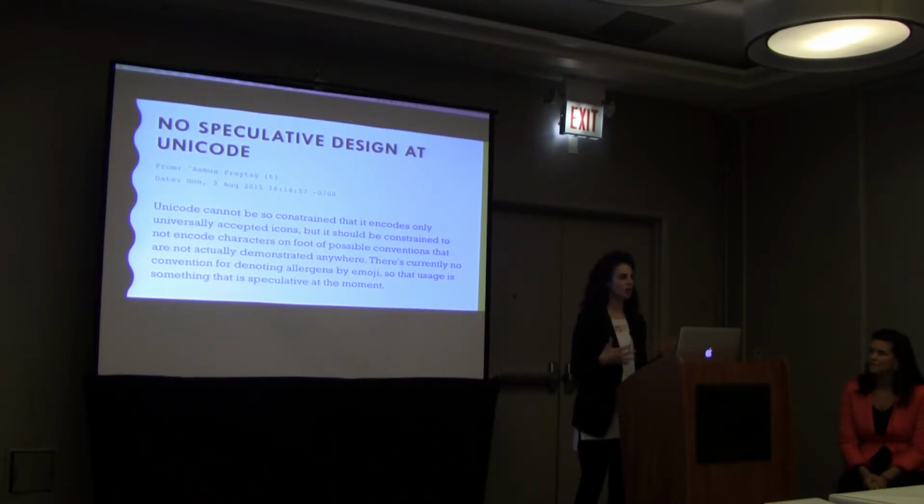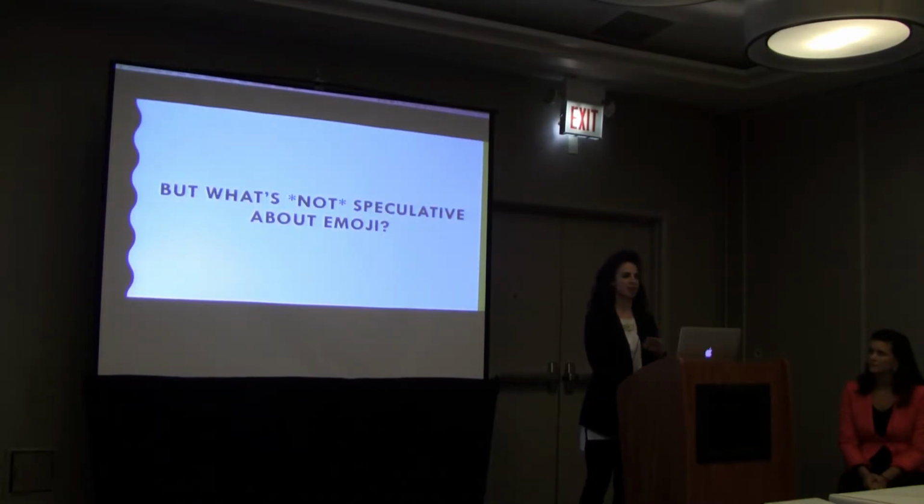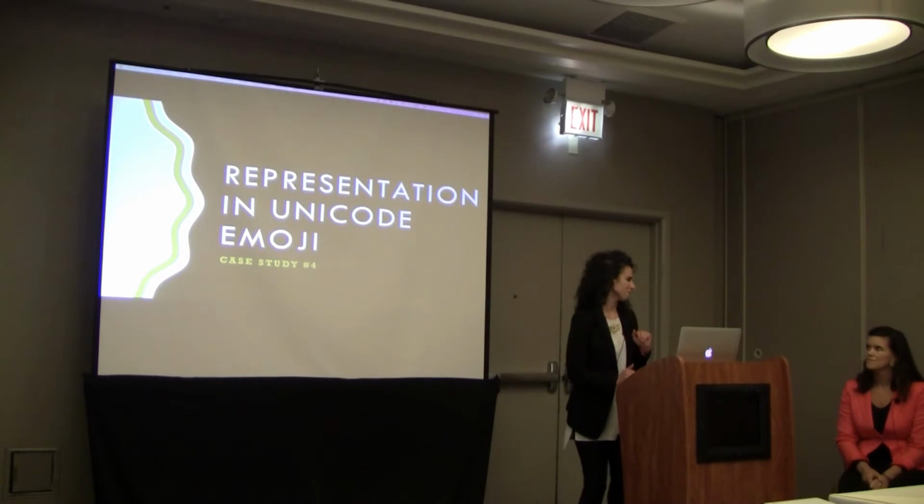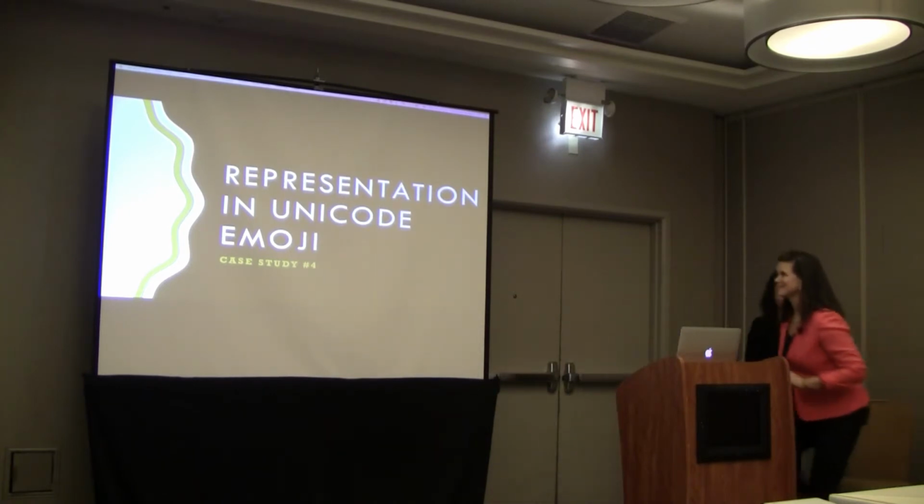So there's this idea that at the Unicode Consortium, we don't do speculative design. And I thought this was a really interesting line in the sand, right? Because there's a kind of the opposite question you could ask, which is, what's not speculative about adding emoji in Unicode, right? We're going to come back to that, but let's go to our final case study, which is representation.